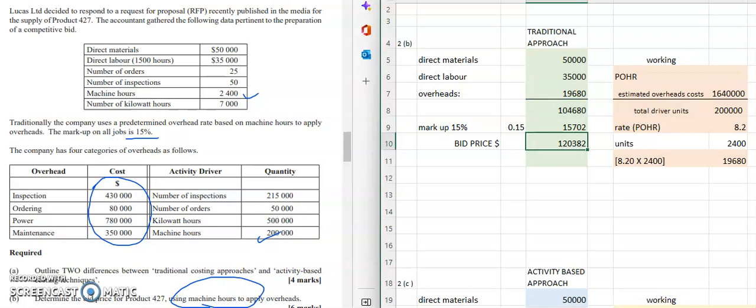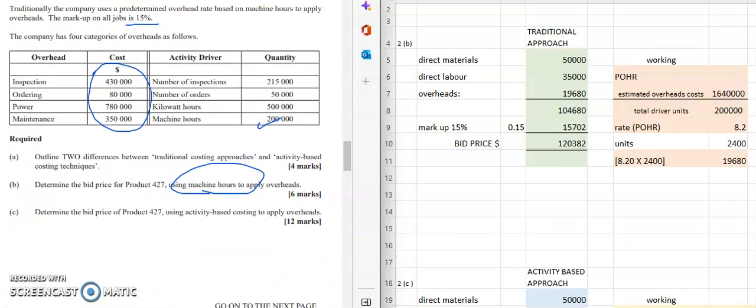So the bid price under the traditional method would be 123.82. So that is question B. C says, well, what is the bid price if you had used activity-based costing? All right, so let's set up for activity-based costing.